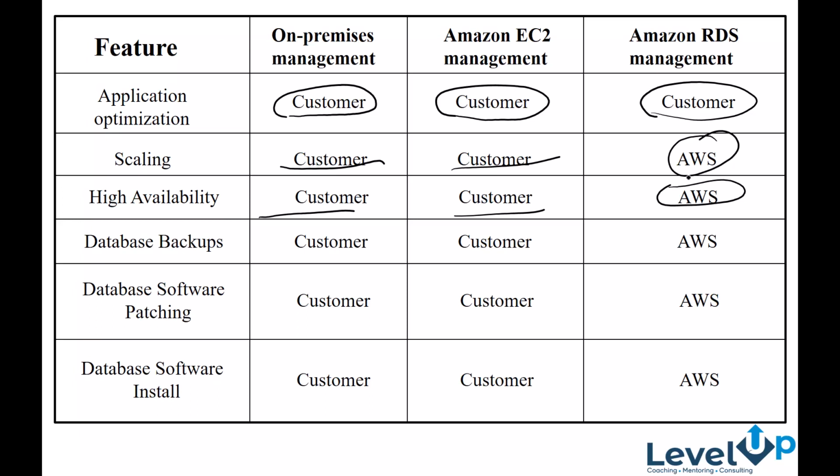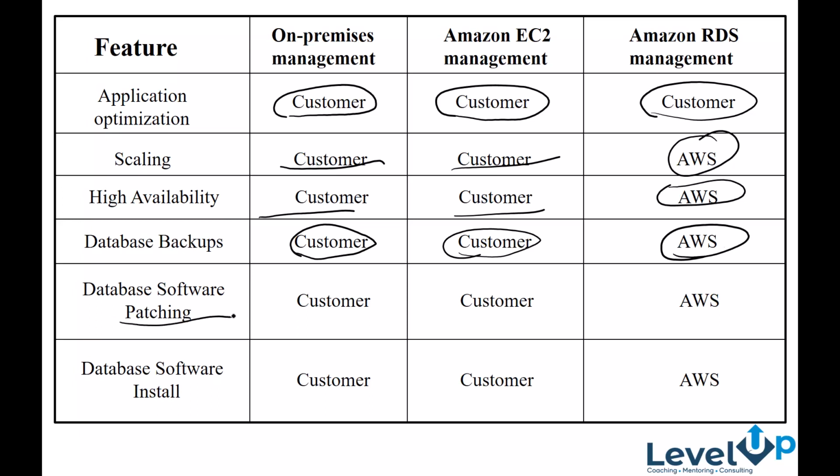If it is on premises or on EC2, we need to employ people. They need to take constant backups and check whether backups are failing, successful, etc. But in the case of RDS, Amazon will take backups for you. You need to just define a schedule, and the rest of the things are taken care of by RDS.